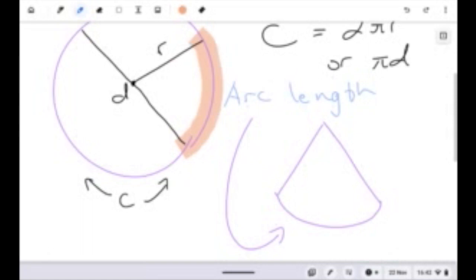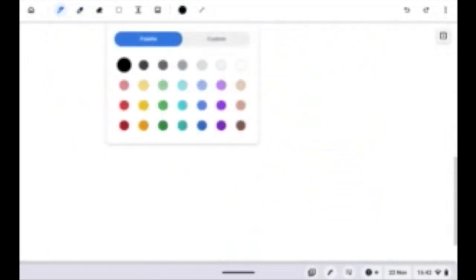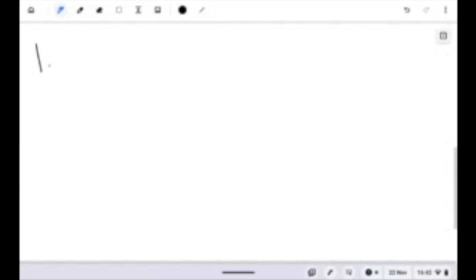Now, we already know how to find the length of a circumference. So what I want to do in my first question here is find the length of the arc here.